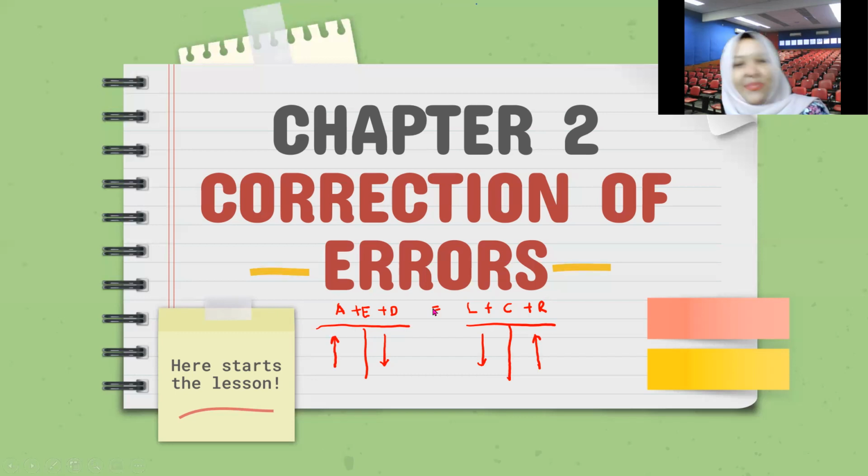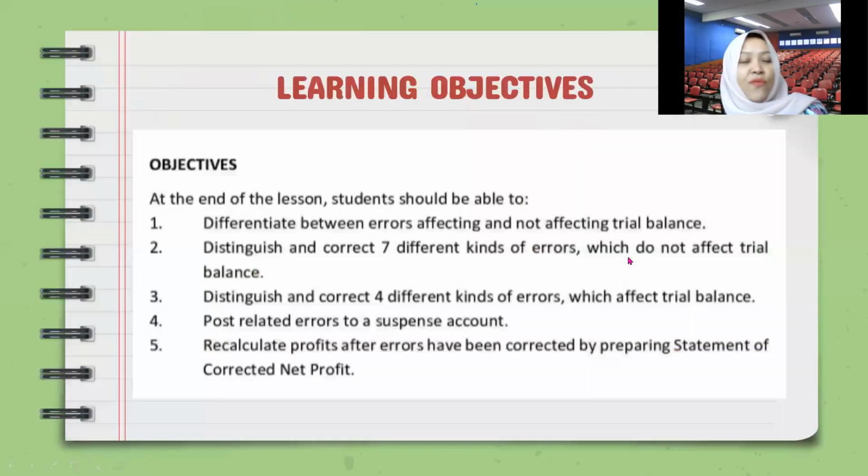Okay, let's start our lesson today. For the learning objectives of this topic, we have 5 learning objectives. The first, second and third are about how you are going to distinguish the errors that will not affect your trial balance and the errors that will affect your trial balance.